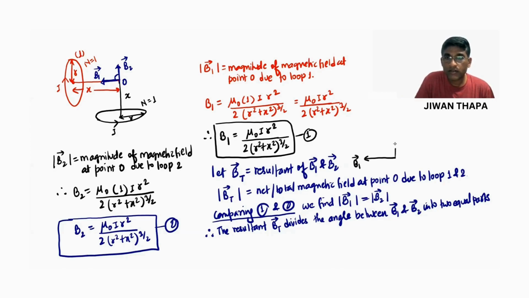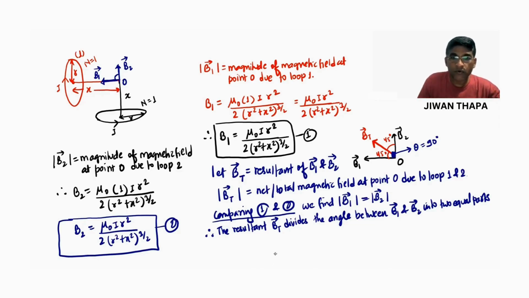This is B1, this is B2, this is point O. The total angle theta equals 90 degrees, so it is dividing 90 into two equal parts.